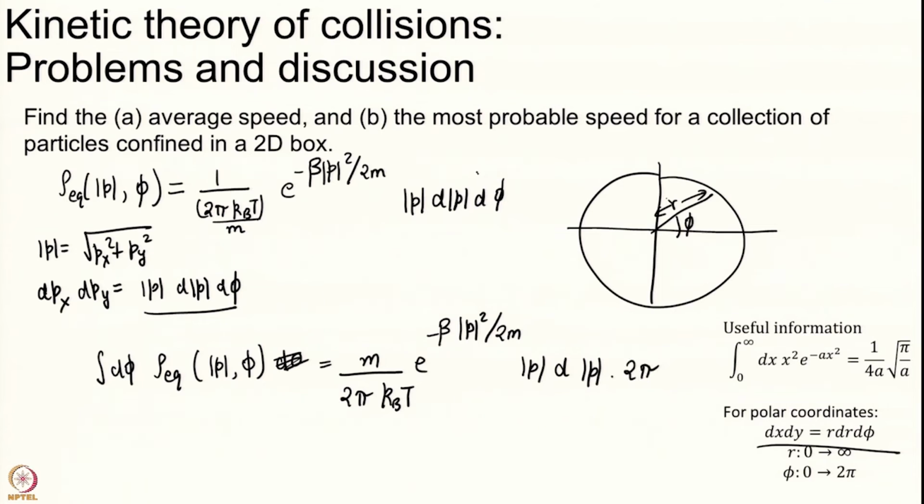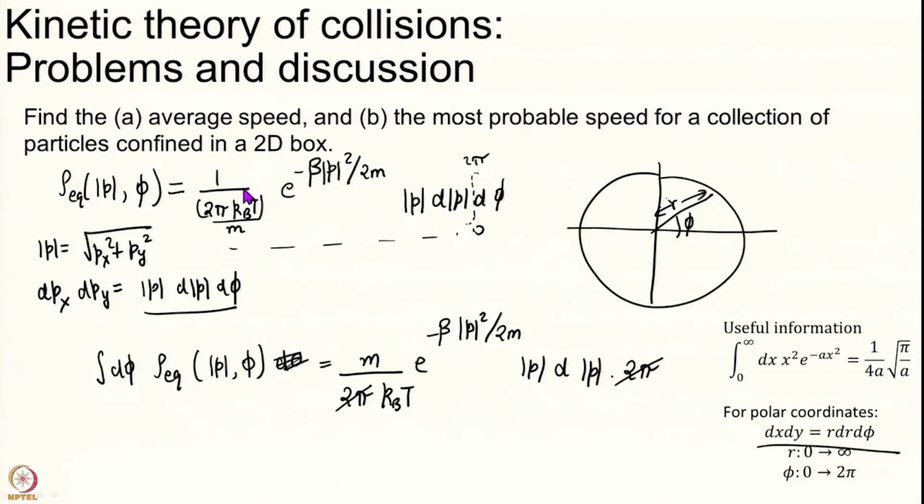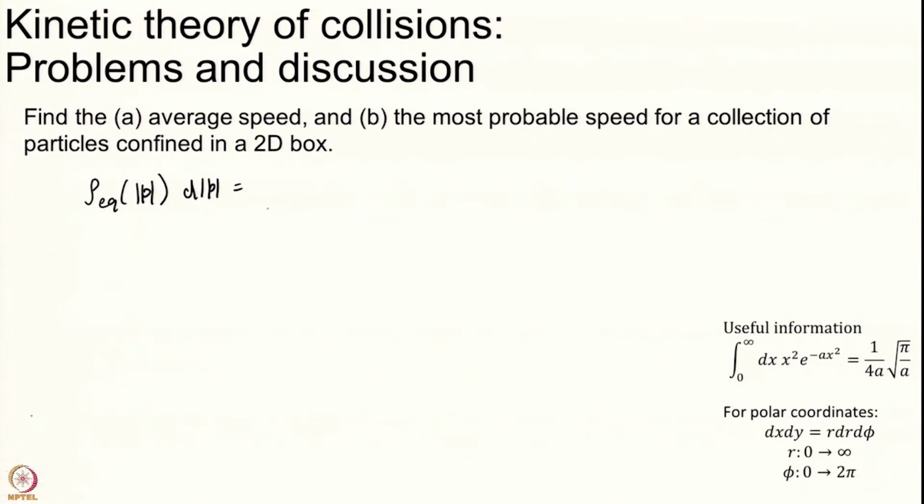Yeah, so I get an integral here from 0 to 2 pi. Everything here is independent of phi. So, it is an easy integral. So, I will just cancel 2 pi's and I get, let me go back, m over kBt e to the power of minus beta over 2 p over 2m mod p square mod p.